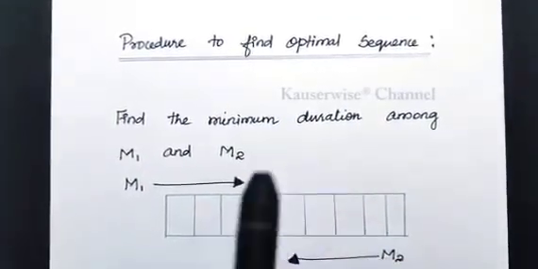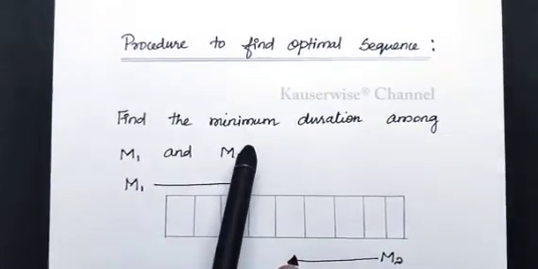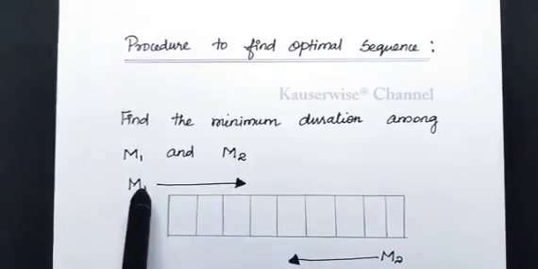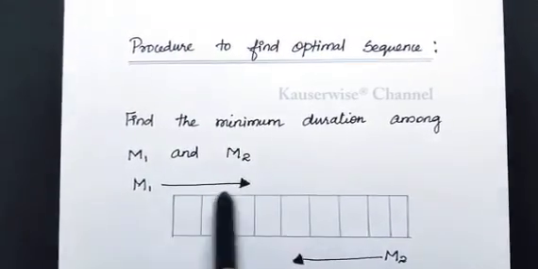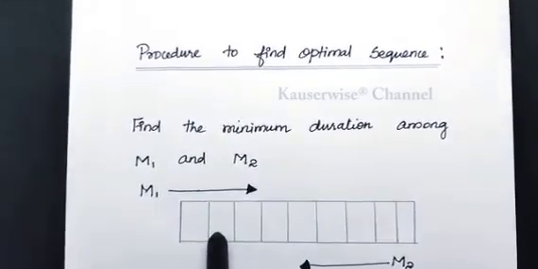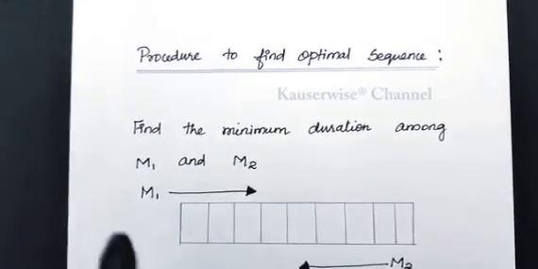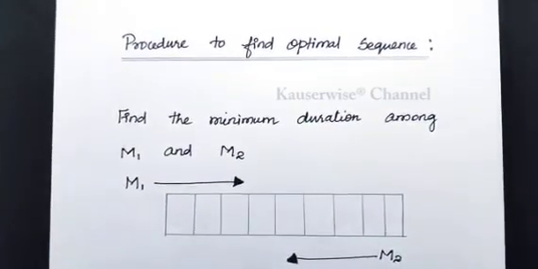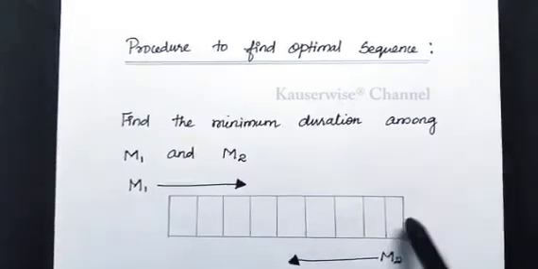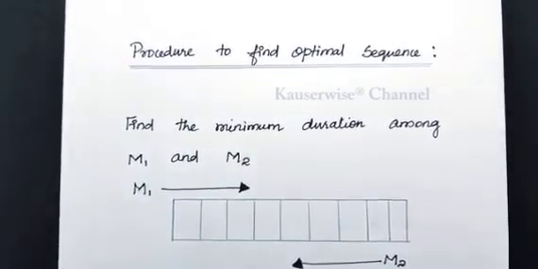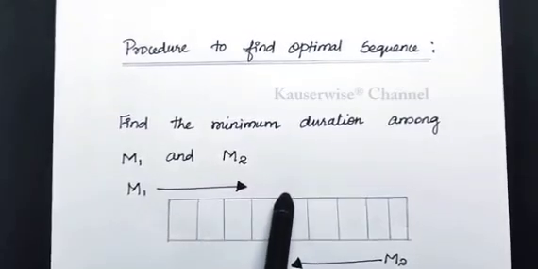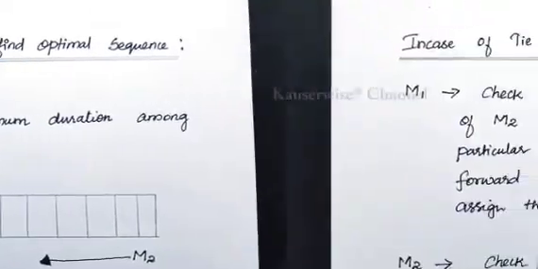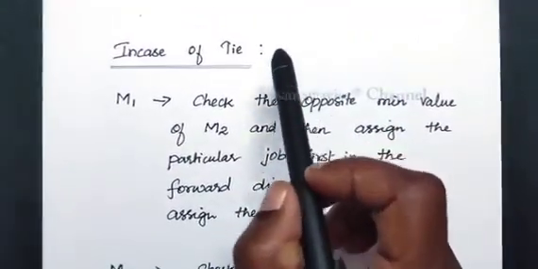First we need to find the minimum duration among machine A and machine B. If the minimum duration occurs in machine A, then we assign that particular job in the forward direction first, and the next ones like that for machine A. If the minimum duration occurs in machine B, then we assign that particular job in the backward direction first, and the next ones like that for machine B. So forward direction is applicable only for machine A and backward direction is only applicable for machine B. The next procedure is in case of tie.